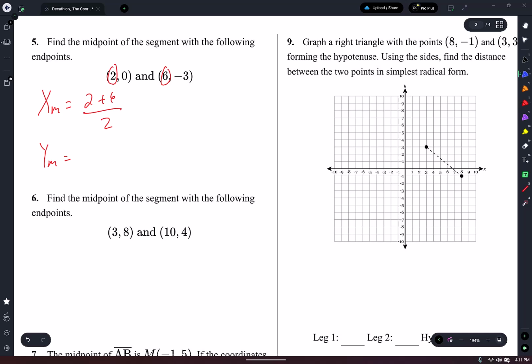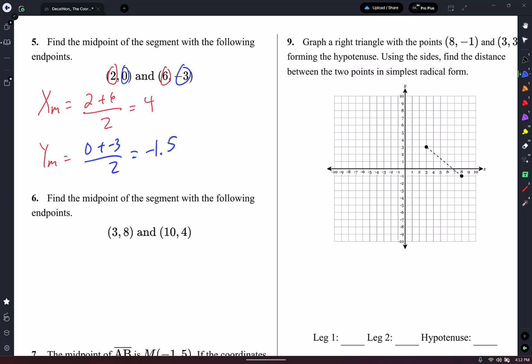So let me circle them in blue. 0 plus negative 3 divided by 2. So let's see what both of these are. 6 plus 2 is 8. 8 divided by 2 is 4. 0 plus negative 3 is negative 3, divided by 2 is negative 1.5. Remember, you need an ordered pair. So the ordered pair is (4, -1.5).